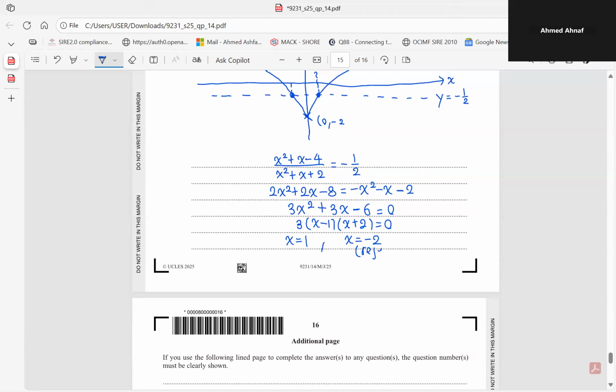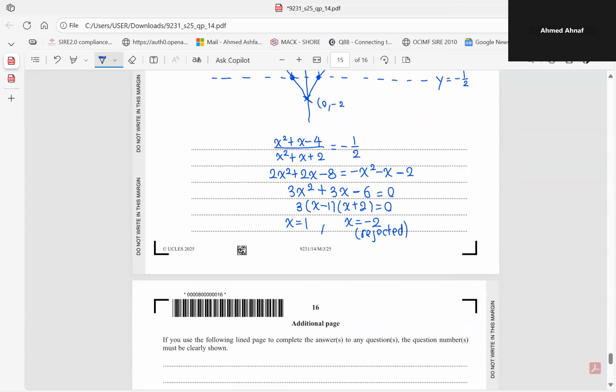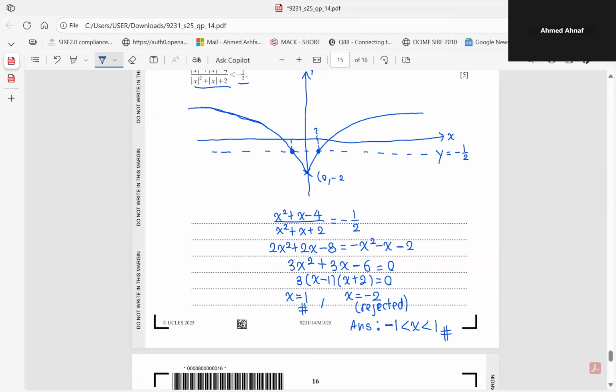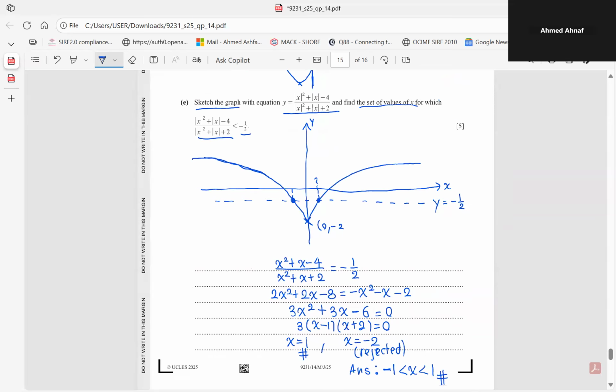But we're going to reject this because we know from our graph that x has to be positive, because it's towards the right of the y-axis. Hence our final answer would just be between minus 1 and 1. So this is our final answer for this part and this entire question.